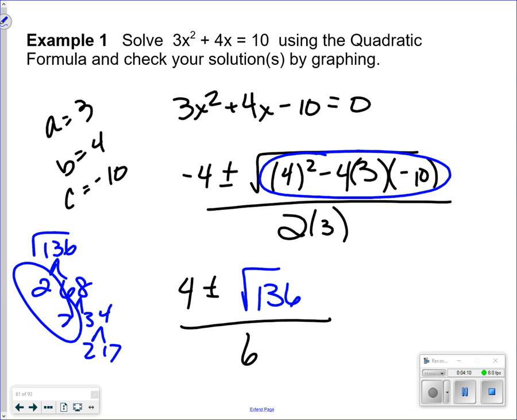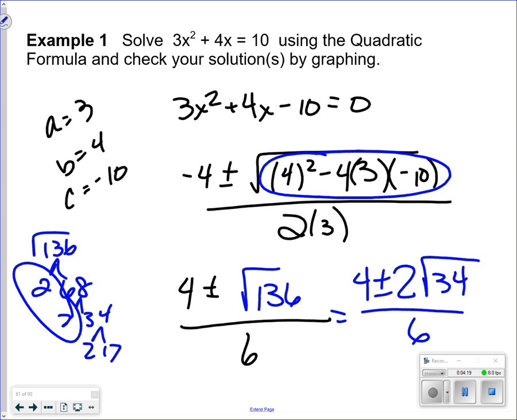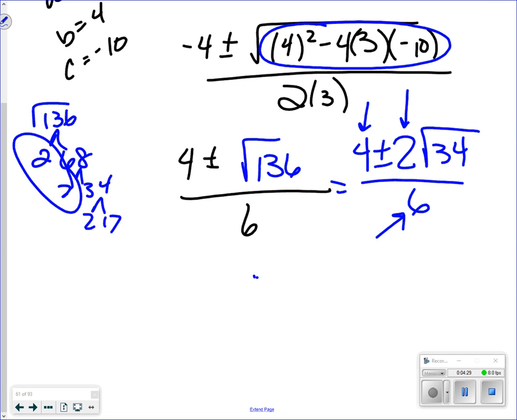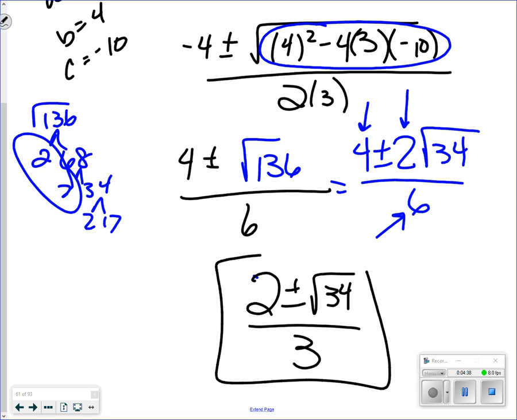So there's a pair of 2's. So I end up with 4 plus and minus 2 square root of 34, all over 6. One more thing. If I can divide every term in the equation by the same number, I can simplify. So since all of them are divisible by 2, the correct answer is 2 plus and minus square root of 34, all over 3. Notice that I did not divide inside the radical by 3, and that is the answer using the quadratic formula.